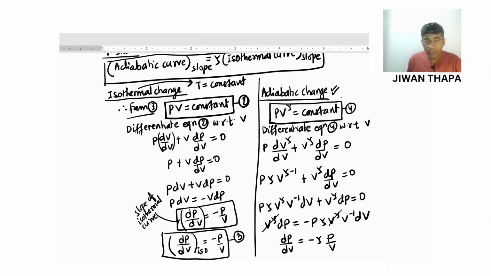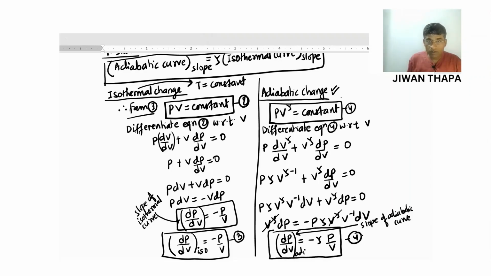Now this ratio on the left hand side gives the slope of adiabatic curve. So I'm writing in this way, okay. Now let us call it equation 5. So we have this.